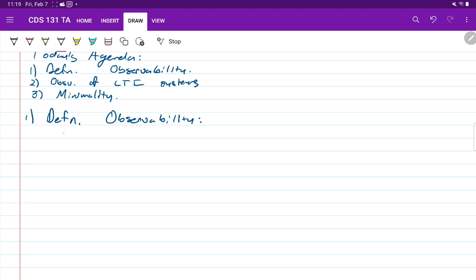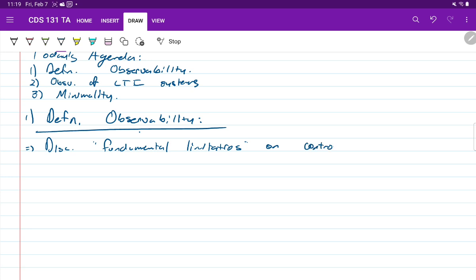So I want to begin with a little bit of motivation as to what observability actually is. Remember in the previous lecture, we discussed this idea of fundamental limitations on control systems. We did this through the lens of controllability, which says there are certain fundamental limitations that tell me which states I can reach and which states I cannot reach.